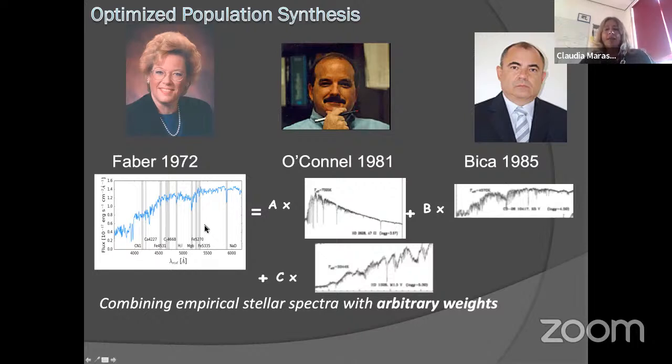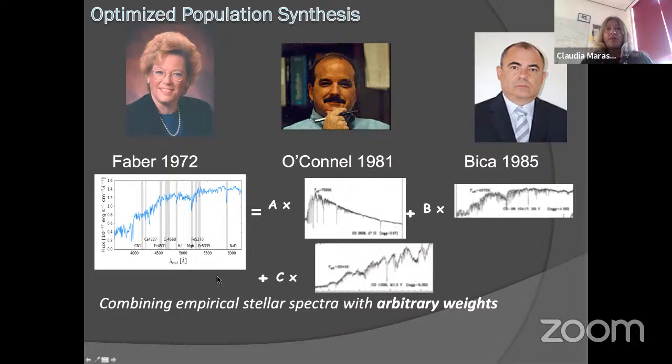It is based on the knowledge that an observed spectrum will certainly be a combination, possibly linear, of spectra of individual stars in various evolutionary phases, which we can tune by multiplying them with a free-to-tune coefficient, which will give us the weight of the given spectrum to the total.